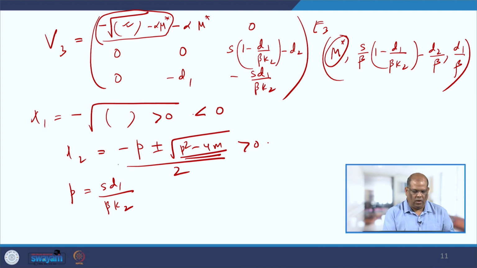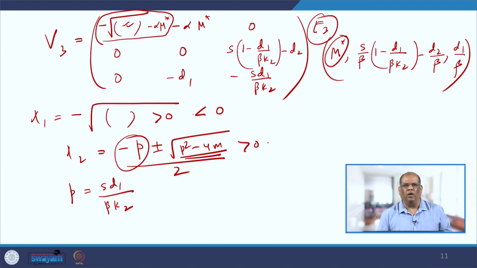So, if you see that both your lambda 2 and lambda 3 have a negative real part and this is also less than 0, and so your equilibrium point E3 is also stable. So, in this particular model you have seen that we have 3 equilibrium points and we have separate conditions for each of them such that those equilibrium points are stable.